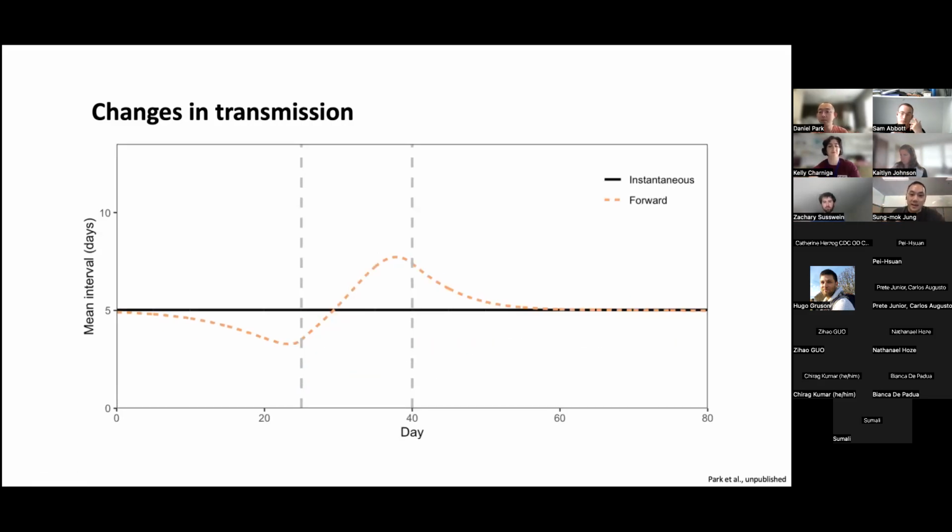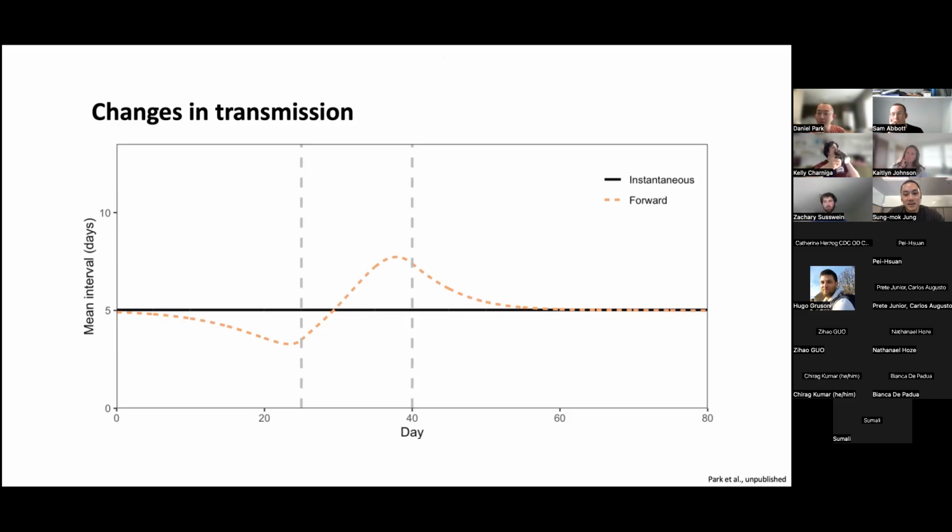But the generation interval changes because of many things like risk awareness among the general population or among public health authorities. So in that sense, do you think that using the forward RT is better than the other RTs to consider the changes in risk awareness and gradual change in generation interval?